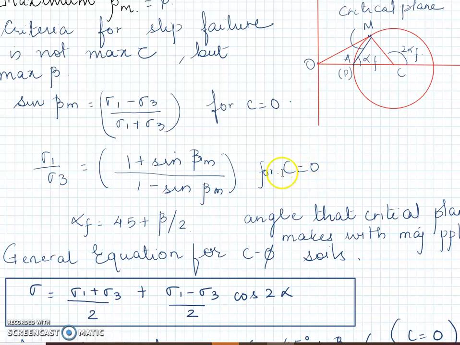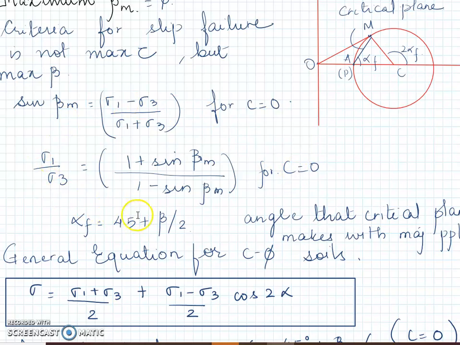So for c is equal to 0 type of soil, when will the failure occur? I have already told you failure will occur when beta is maximum. At beta m, we have equation sigma 1 by sigma 3 is equal to 1 plus sine of beta m upon 1 minus sine of beta m. Again, beta m is related to alpha F.